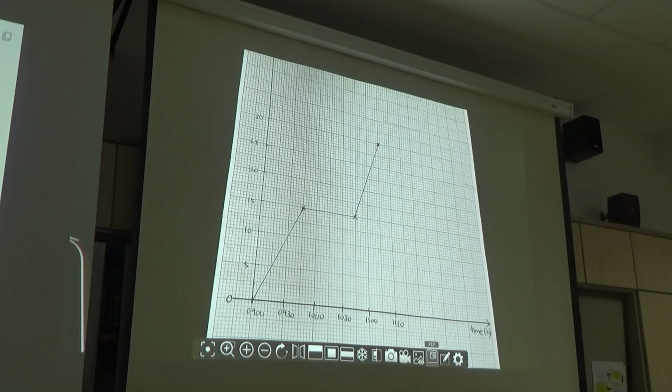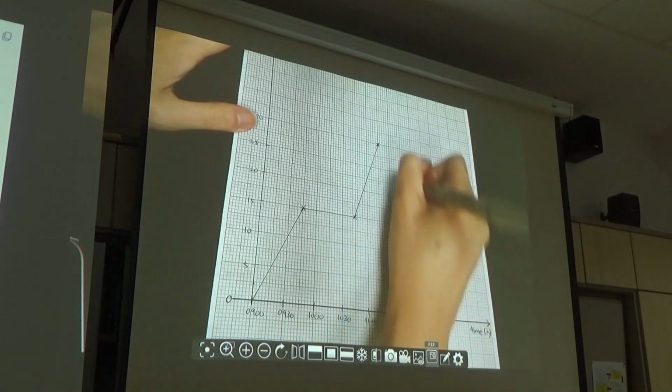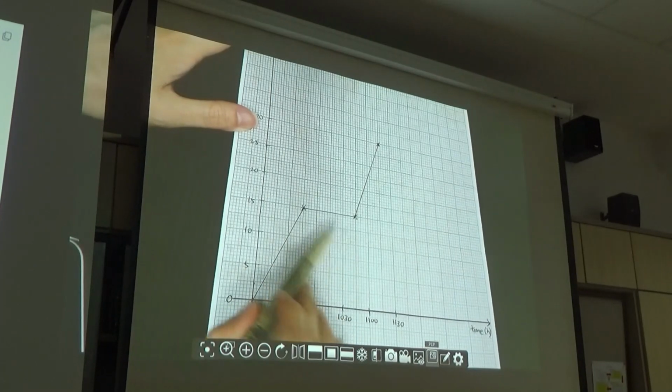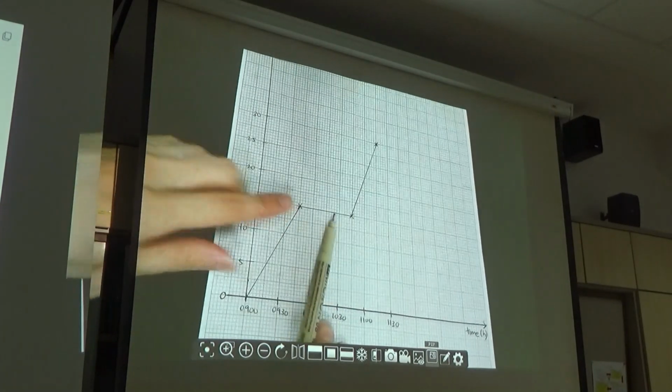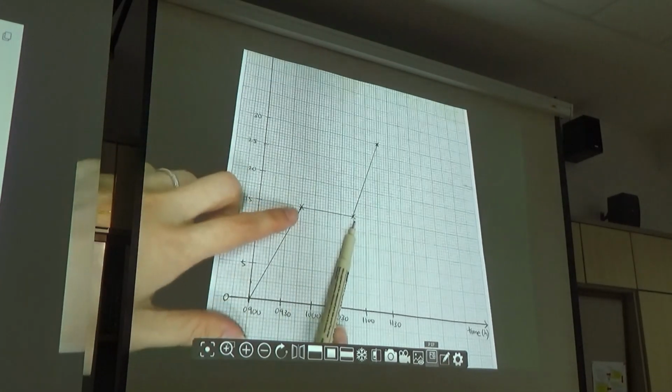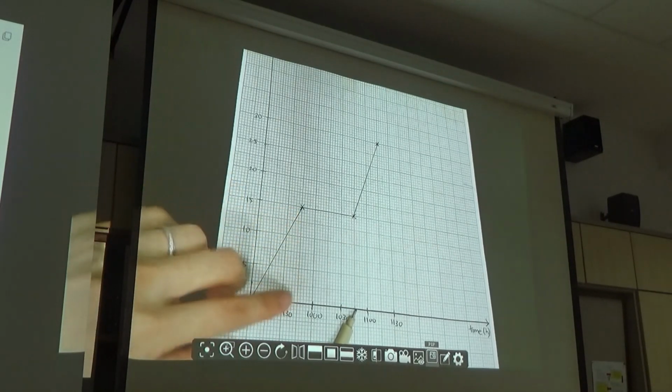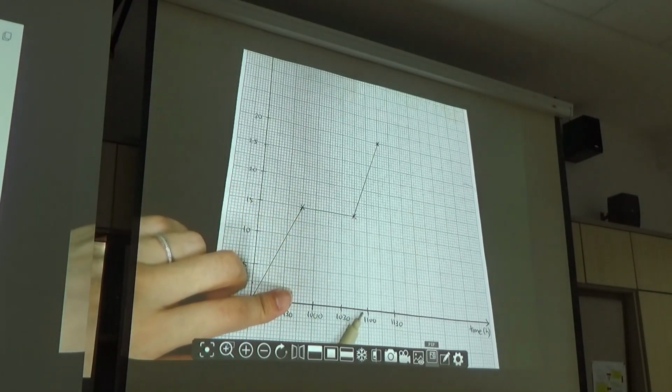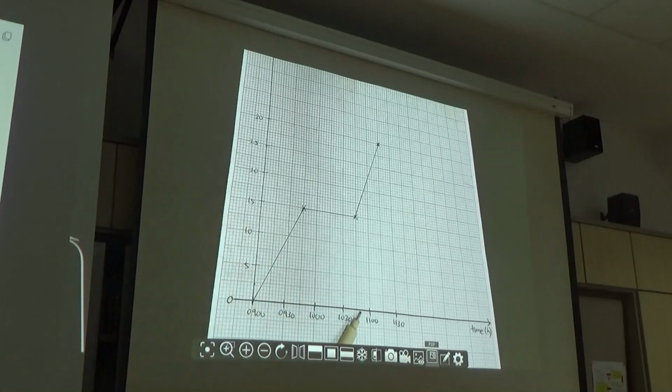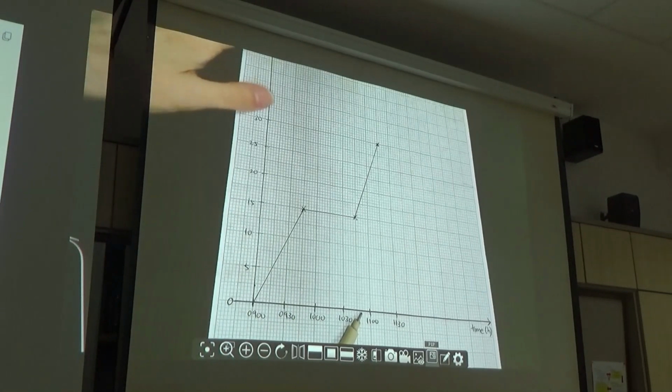Now in part 3, the question was asking to hence state the duration of the stop, giving your answer in minutes. So the duration of the stop, based on your graph here, will be where there is a horizontal line, and we can see that it will be 1 hour long. But because the question says in minutes, it will be 60 minutes.